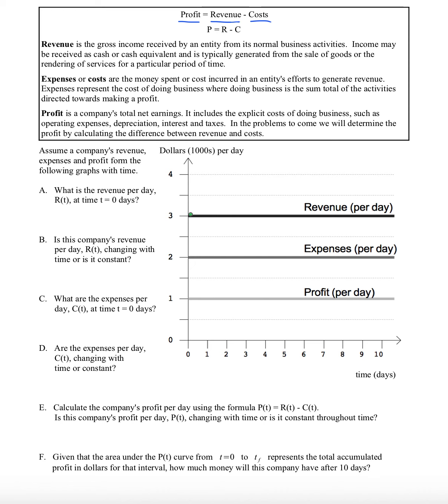To answer that question, we want to start right here at t equals 0. And we want to find the initial value of the revenue. It's 3, but this is in thousands of dollars per day. So R of 0 is $3,000 per day.